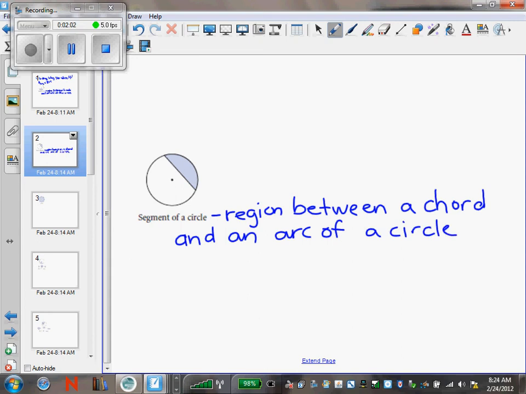Notice the center of the circle is marked. You have a chord. Here's your arc. So the area that we're talking about, called the segment of a circle, is between the chord and the arc. It looks like a moon. That's the segment of a circle.